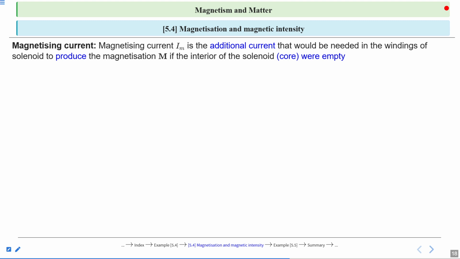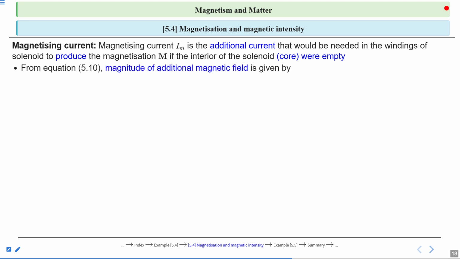So the additional current we have to give to the solenoid, so that the same magnetic field B is produced even though we have removed the material from the core, is the additional current needed in the windings to produce the magnetization M that was previously produced by the material. That additional current is the magnetizing current.